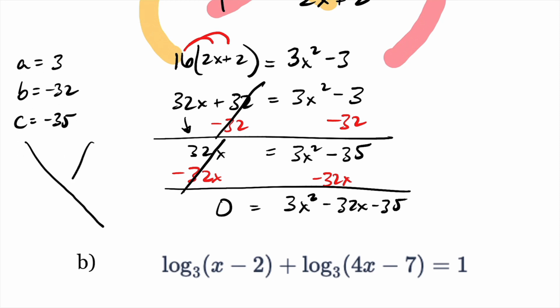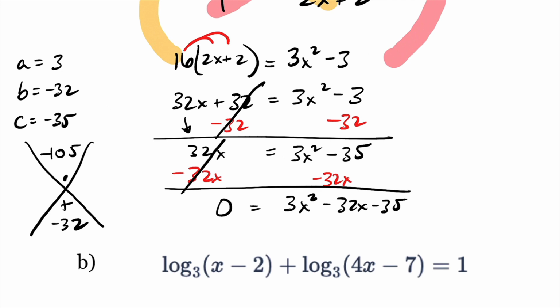Okay, so we're going to multiply first. A times C, when I multiply 3 times negative 35, I get negative 105. And then B is negative 32. So what are the two numbers that multiply to be negative 105, but add to be negative 32? These ones are here.